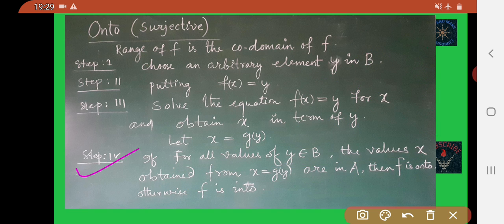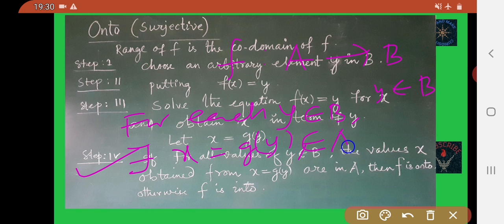So friends, you understand this step properly. Function mapping from A to B, and y belongs to B. Okay, for each value of y belonging to B, if there exists x equal to g of y belonging to which set? A, such that f of x is equal to y.